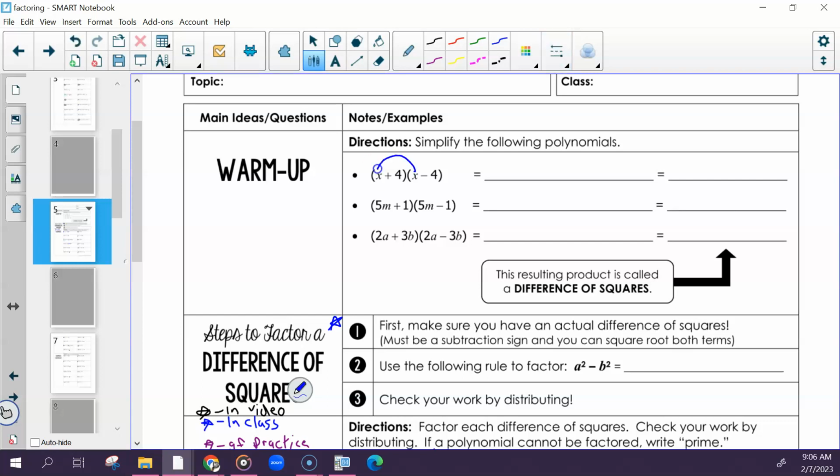So x times x would give us not 2x, x squared. And then x times -4, just x times -4, -4x.